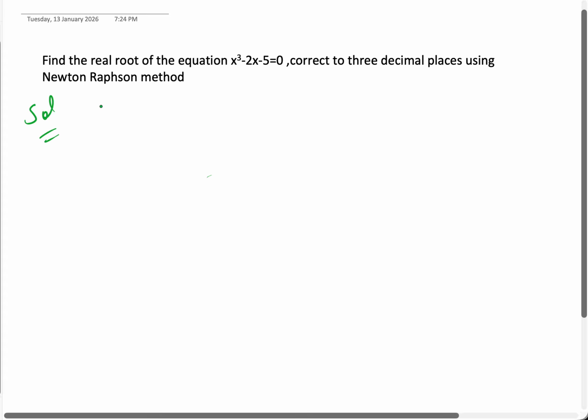Firstly we need to find two values, a and b, such that f(a) and f(b) have opposite signs.